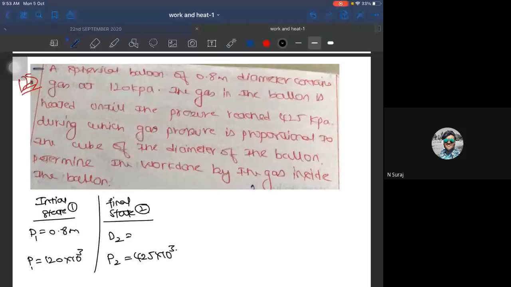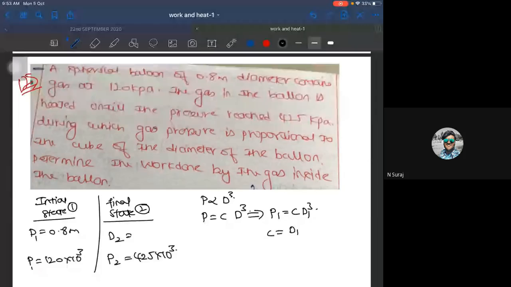Here, the pressure is proportional to the cube of the diameter. So pressure is equal to C times D cubed. From this I can write P1 is equal to C into D1 cubed, so C is equal to D1 cubed divided by P1.